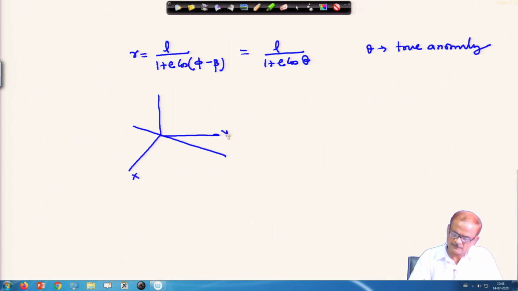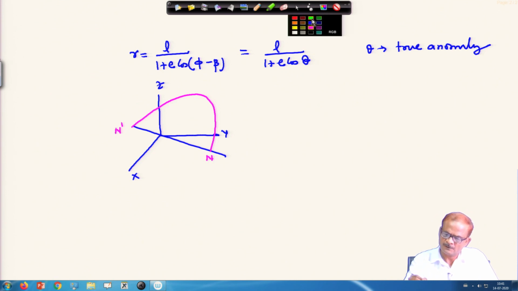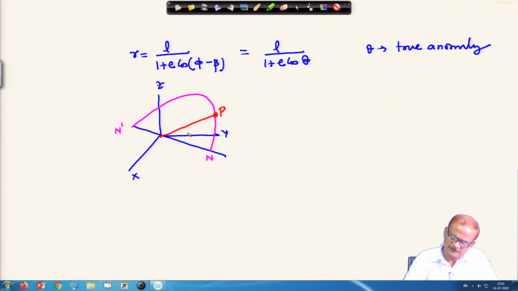This is x, y, z, the inertial frame, and then we have the orbit here. This point was n prime, and the perigee position is lying somewhere here. This angle we have written as omega. So what appears in this place? What we have written as theta, we are getting as phi minus beta.